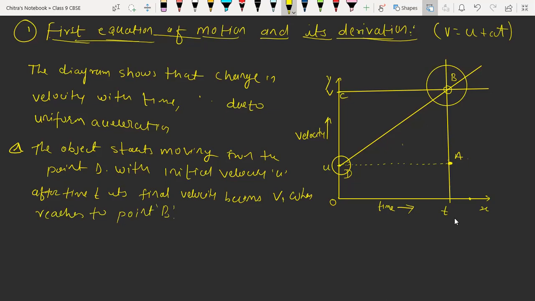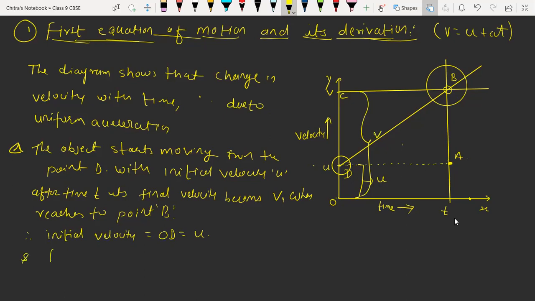The initial velocity u represents OD. So therefore initial velocity will be OD, and we know OD is u. The final velocity is OC, from O to C, that will be v.